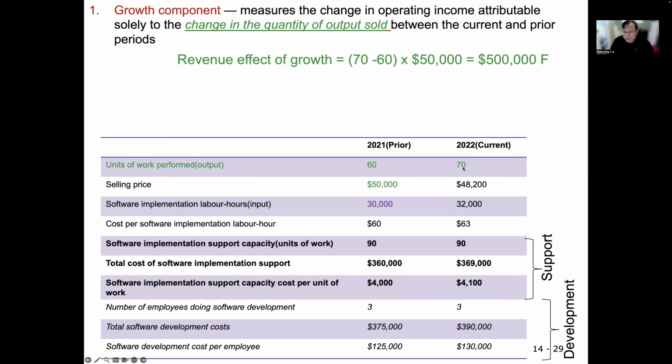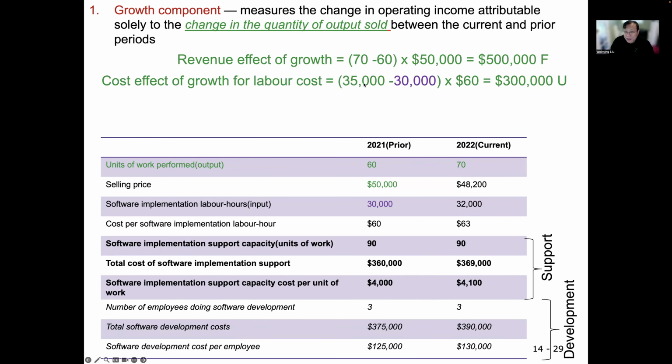In order to produce 70 units, I would need 35,000 hours, right? Because you can see 60 units for 30,000 hours, 70 units is going to require 35,000 hours.